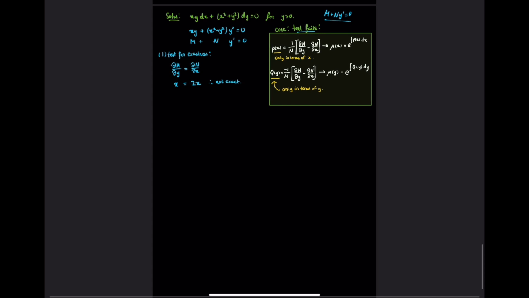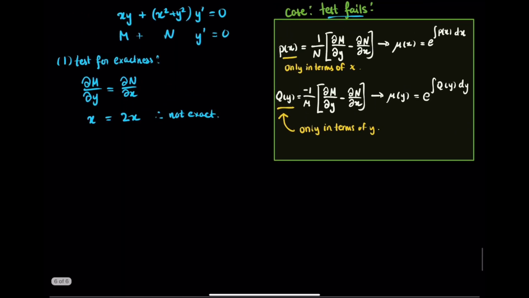Okay. So let's first look at P of x. P of x is going to be 1 over N. So N is x squared plus y squared. And then the difference between the two partial derivatives of M and N with respect to y and x respectively is basically just solved right here. So we can just do that.